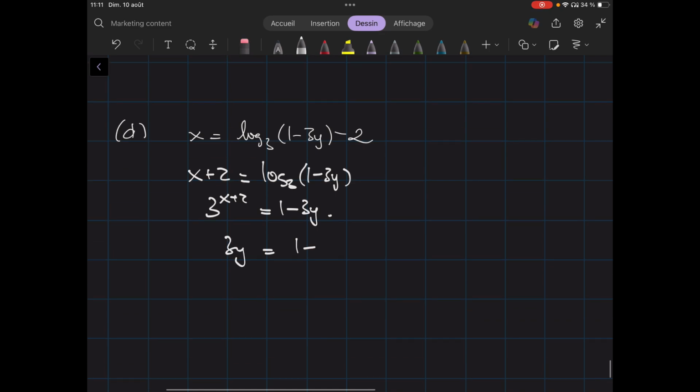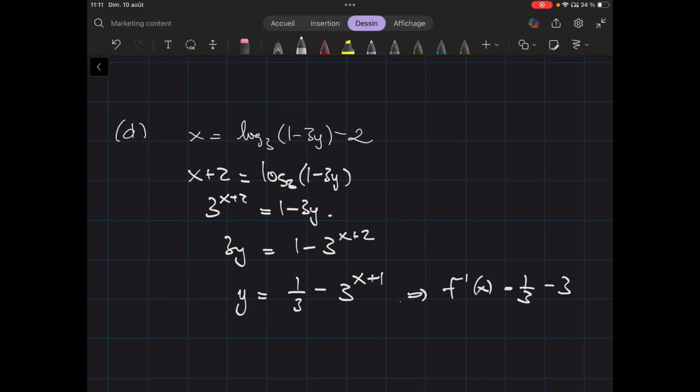Swap over. And now you just got to write this is equal to 1 by 3 minus 3 to the x plus 1. And that is the end of question 1.